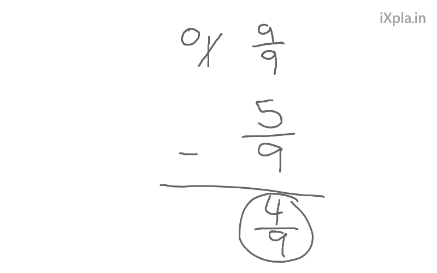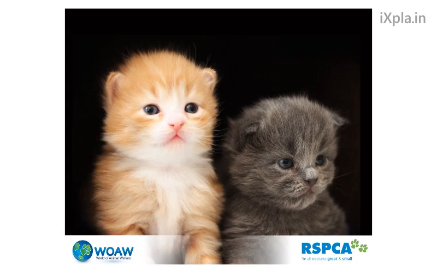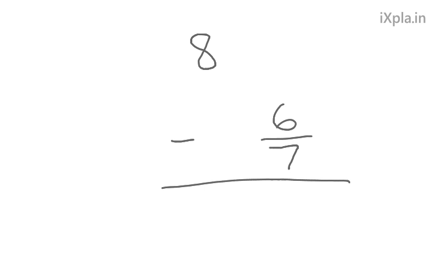4 over 9. Let's do B together as well. B is 8 minus 6 sevenths. So same thing, since there's a 7 here, we need to have 7 sevenths up here. We borrow 1, which is what we've just done. So we have 7 left.